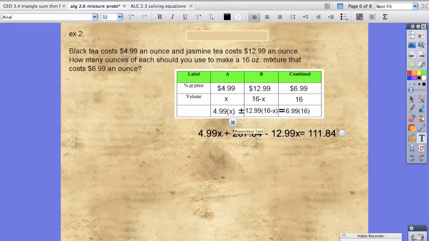Again, we are going to combine like terms. So we have 499 minus 1299. That gives us negative 8x plus 207.84 equals 111.84. Then we're going to subtract 207.84 from both sides to isolate the variable.